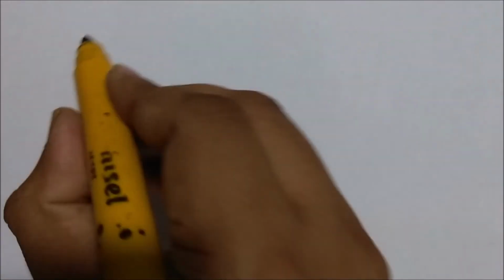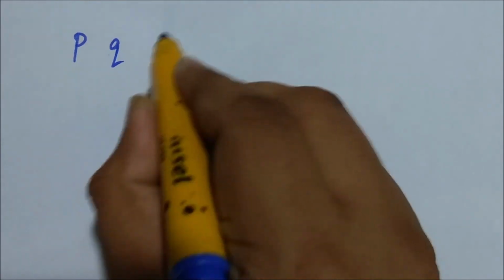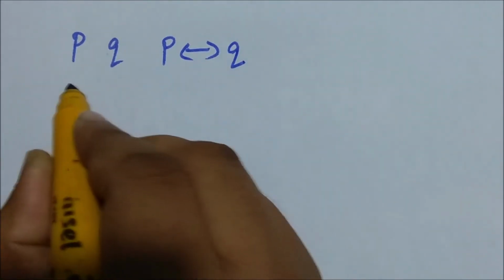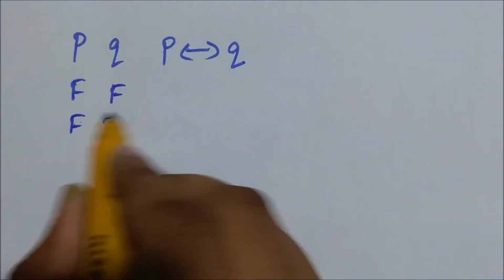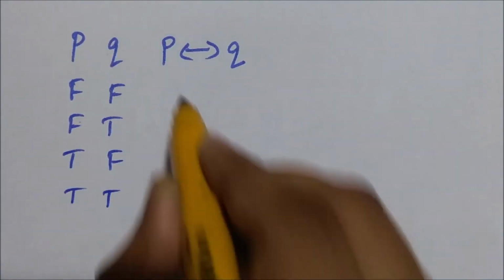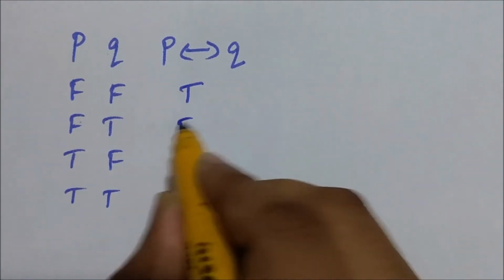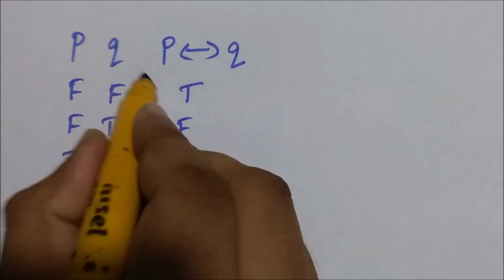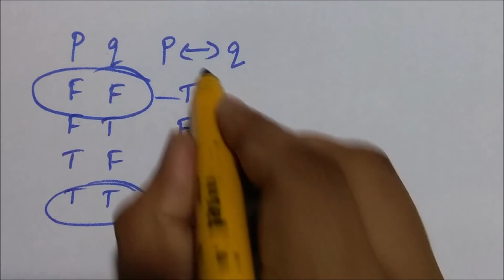Compound propositions P and Q are called logically equivalent if P if and only if Q is a tautology. Let's see why we say that if P if and only if Q is a tautology, then P and Q are logically equivalent. If P if and only if Q is a tautology, it means that for all the possible values of the propositions that occur in it, P if and only if Q is always true, no matter what the values of P and Q are.